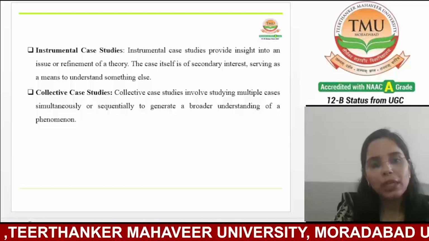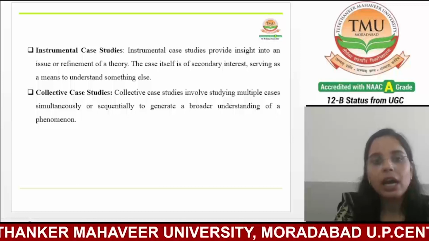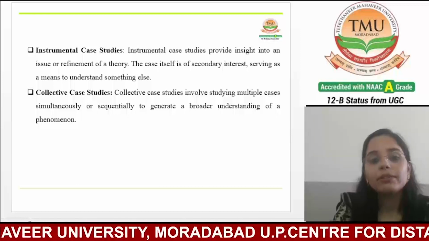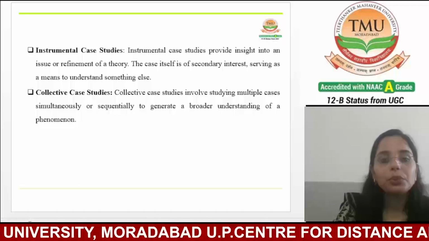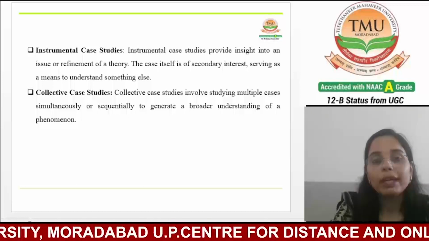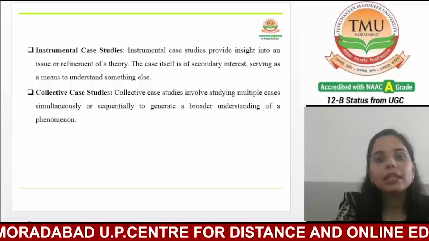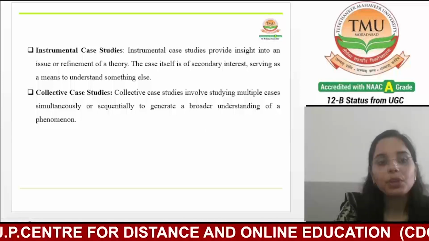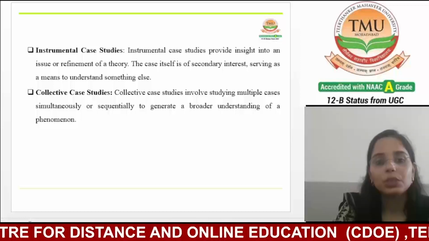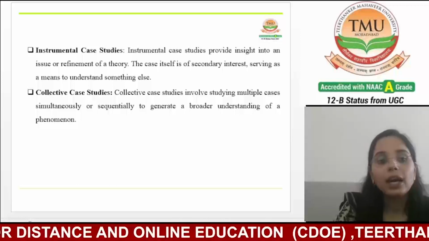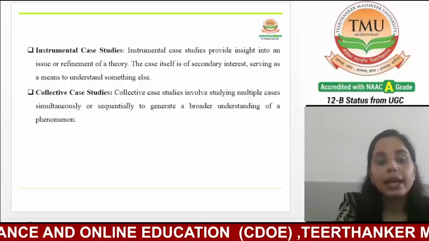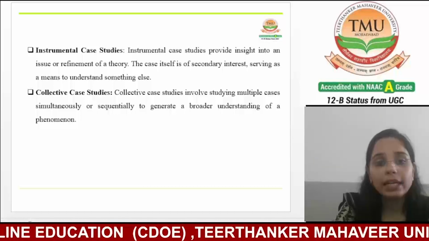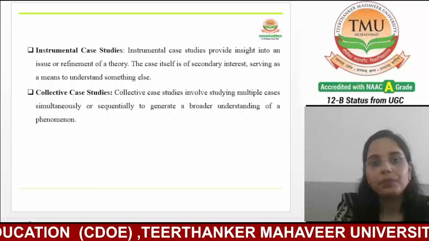Now we will understand how instrumental case studies differ from collective case studies. Instrumental case studies focus on a single case to explore broader issues, while collective case studies examine multiple cases to gain a deeper understanding of a phenomenon.